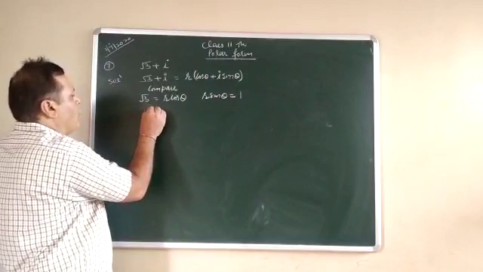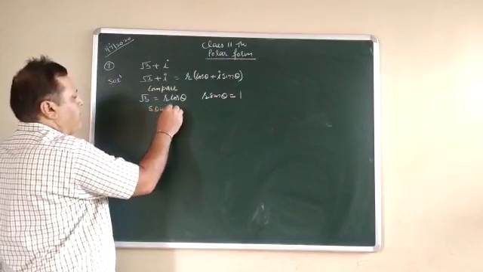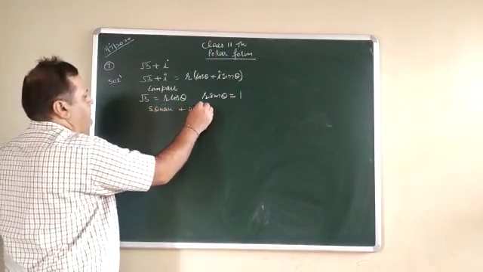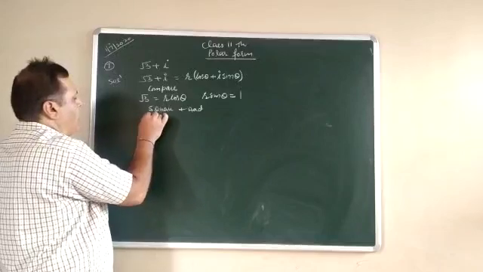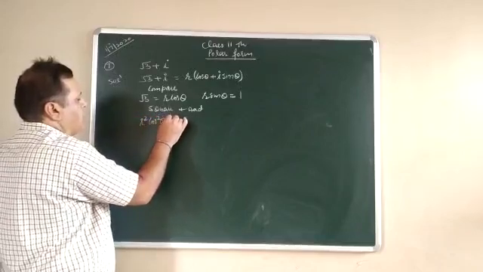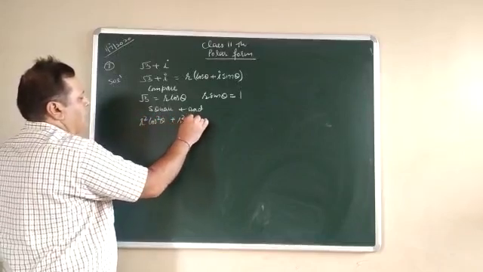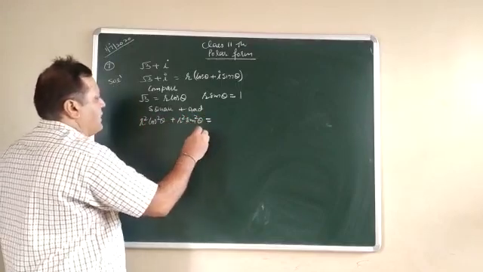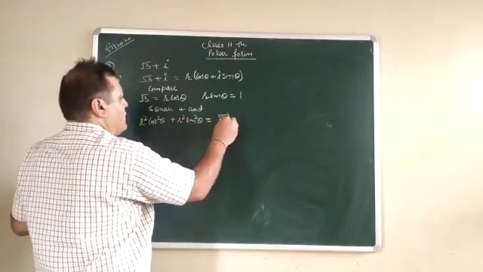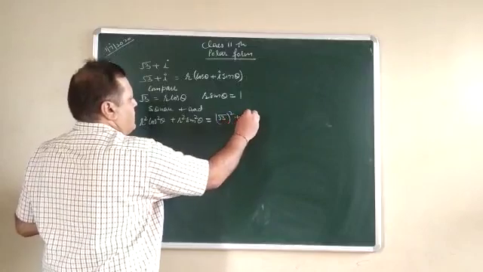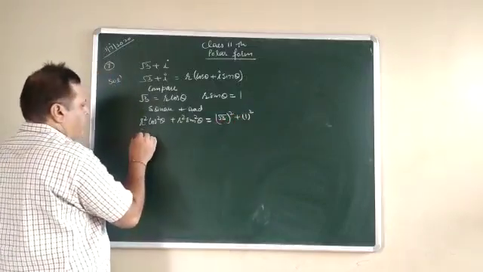Now go for square and add. It is r square cos square theta plus r square sin square theta is equal to root 3 square plus 1 square.